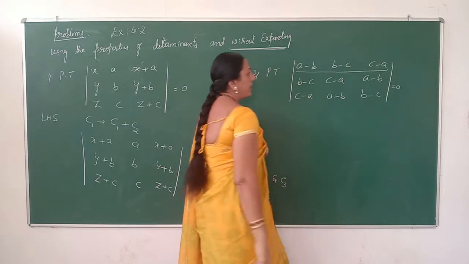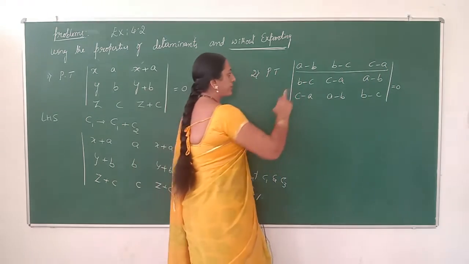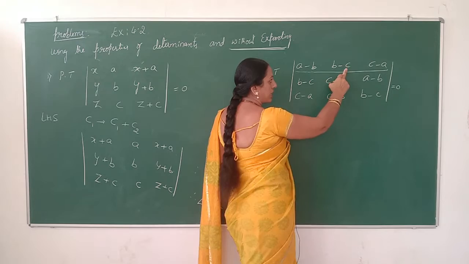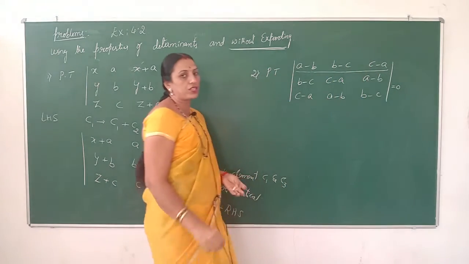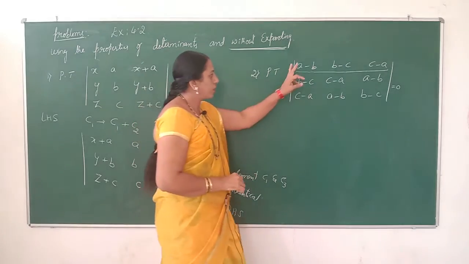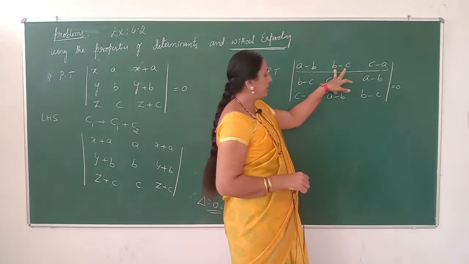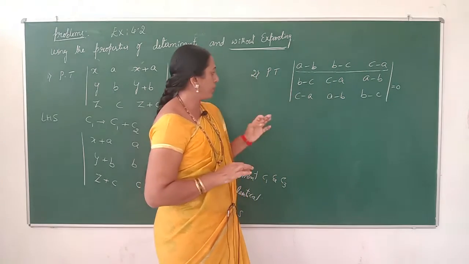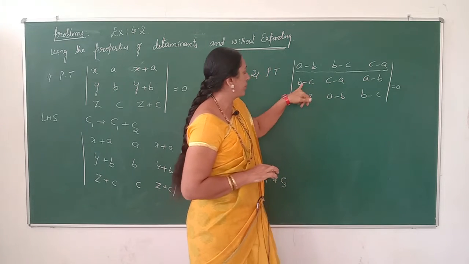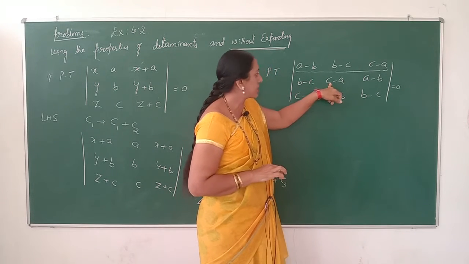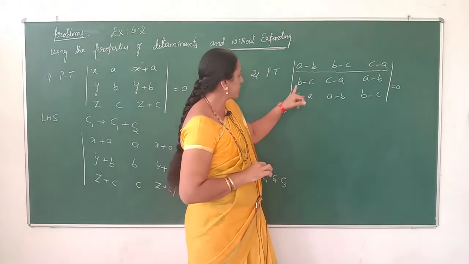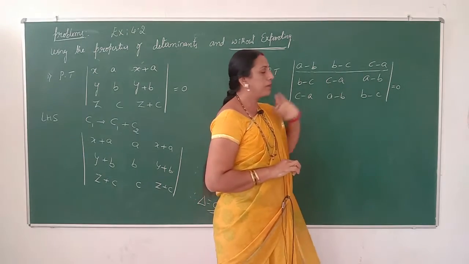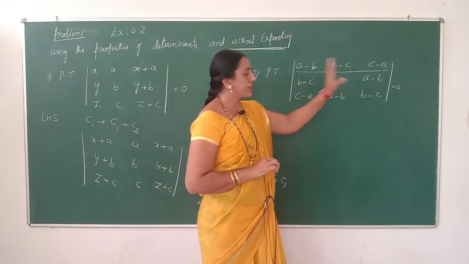If these are the elements of the first row, suppose these elements are added with each other: a minus b plus b minus c plus c minus a. After that addition, we check whether all the elements get cancelled. If all these elements get cancelled, it is nothing but 0. Similarly for the elements of the second row: b minus c plus c minus a plus a minus b. So plus b minus b gets cancelled, minus c plus c gets cancelled, minus a plus a gets cancelled. So again it is nothing but 0.